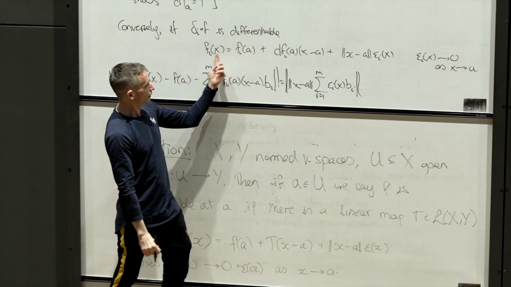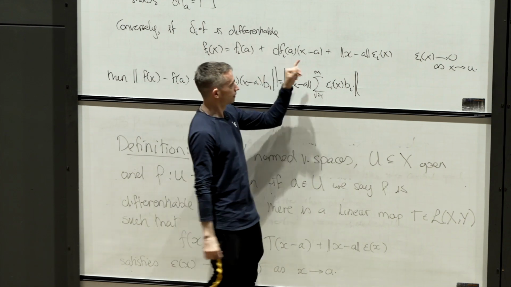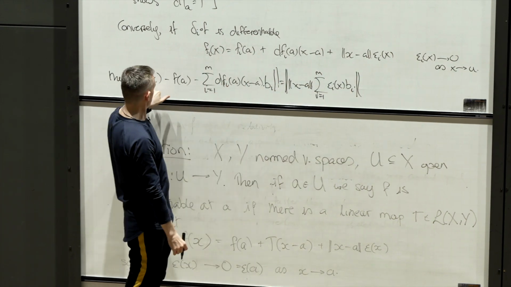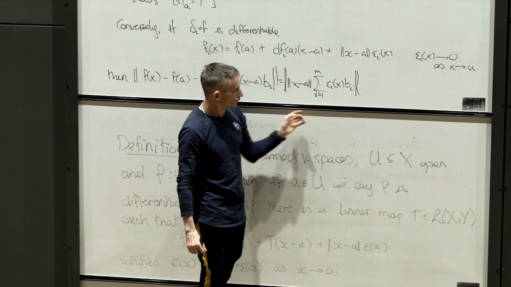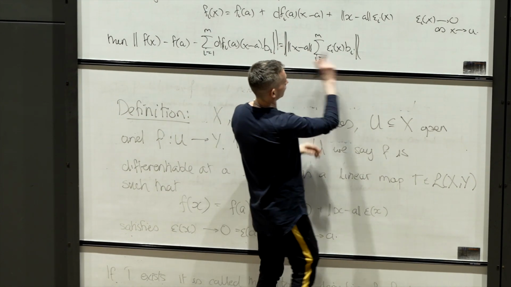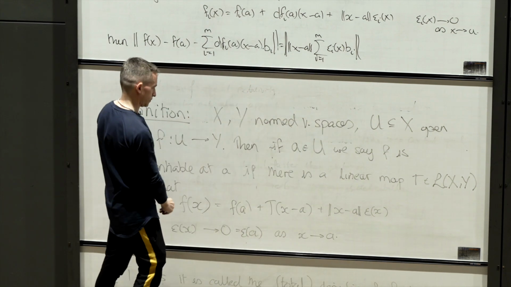Right, so if you like, moving these two terms to the left-hand side shows that this sum is bounded by norm of x minus a times all of this, and then the norm of x minus a comes out.